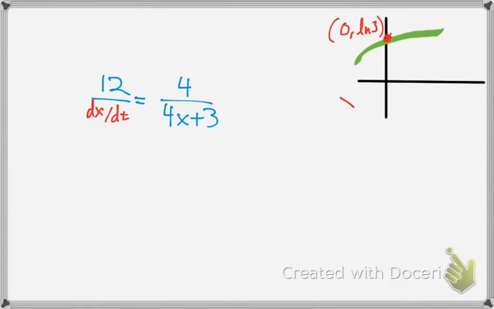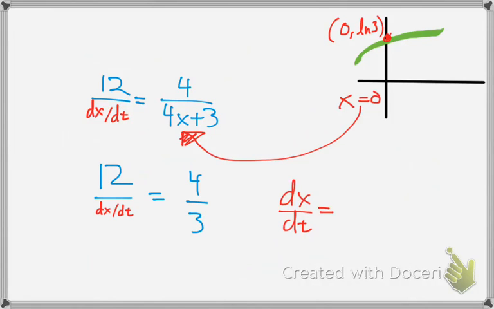We know that x equals 0 at that point, right? Well, look at that. We have an x over here. So make x equals 0 here, and plug that in. And you get 12 over dx over dt equals 4/3, which means dx over dt will equal 9. And that is our answer.